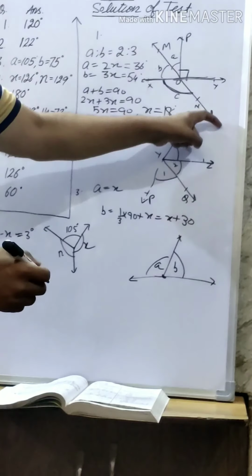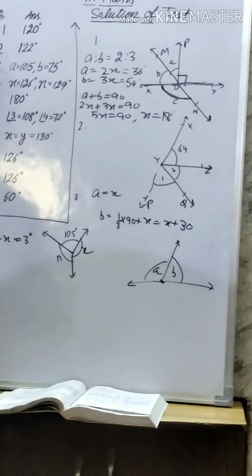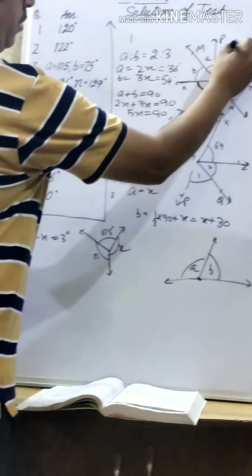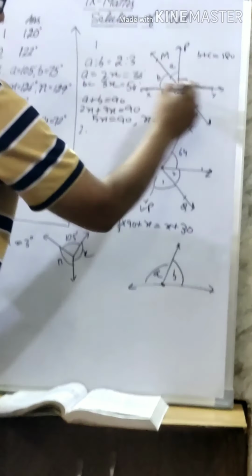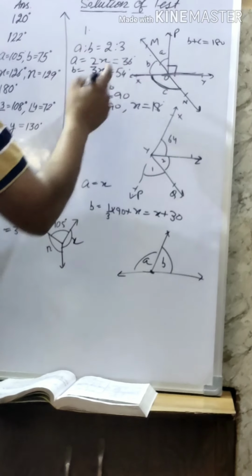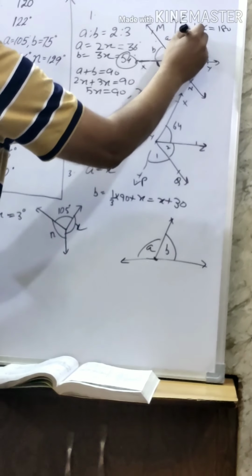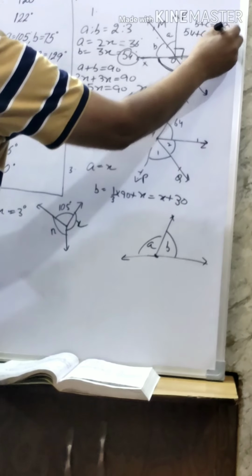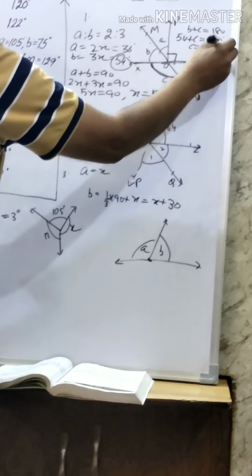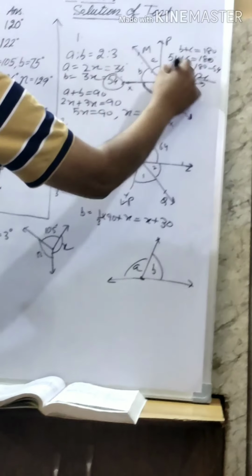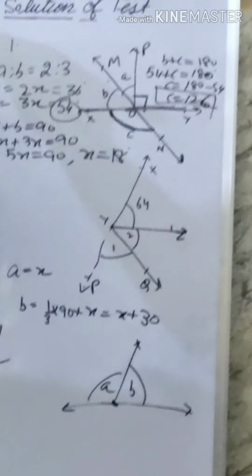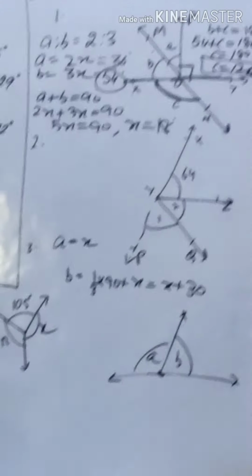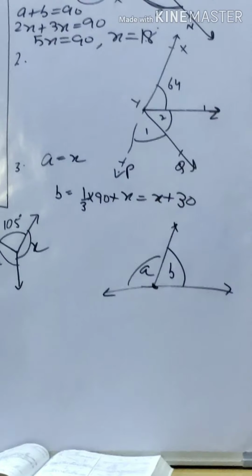Now this is a complete straight line, so B plus C is equal to 180, a linear pair of angles, and this B I have got is 54 plus C. So 180 minus 54, C is equal to 126 degrees. So the first answer is: C value is 126 degrees.